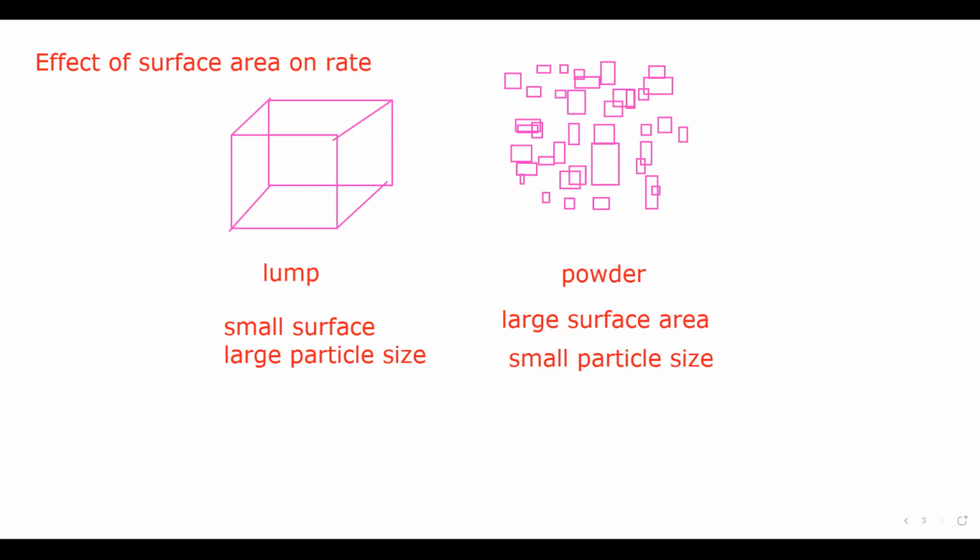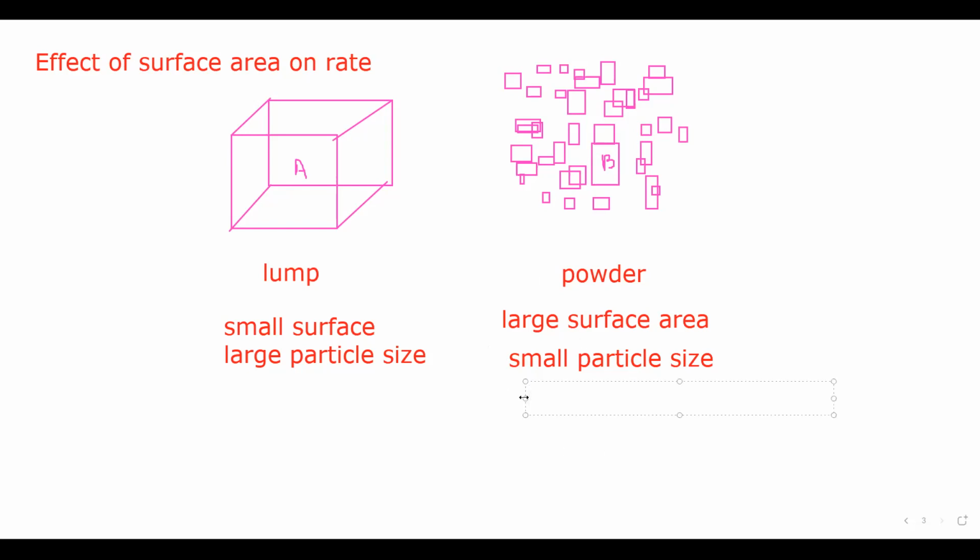So when we try to react, for example, when substance A is reacting and substance B is reacting, which one do you think will react faster? A or B? So B will react faster because more particles at the same time can react with the surroundings.